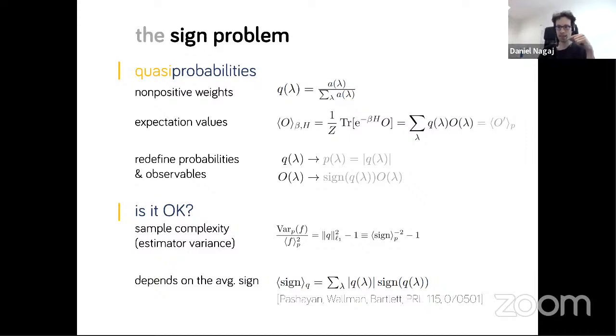The sample complexity, or how many samples do I need to take to get a good estimate, grows if the average sign gets smaller. So the variance grows with the inverse average sign of the elements Q. This means that if the quasi-probabilities vary in sign a lot, their average sign can be very close to zero.